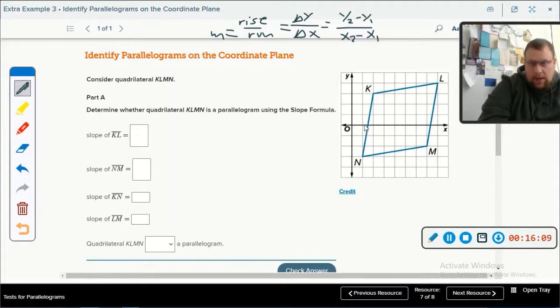We got point K is 1, 2, 3, so that's (2, 3). Point L is 1, 2, 3, 4, 5, 6, 7, 8, and up 1, 2, 3, 4, so (8, 4).